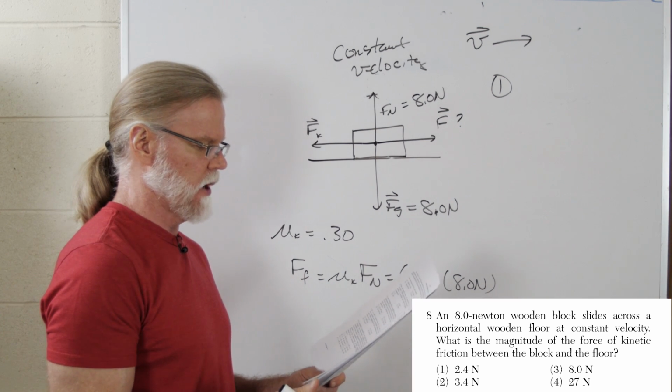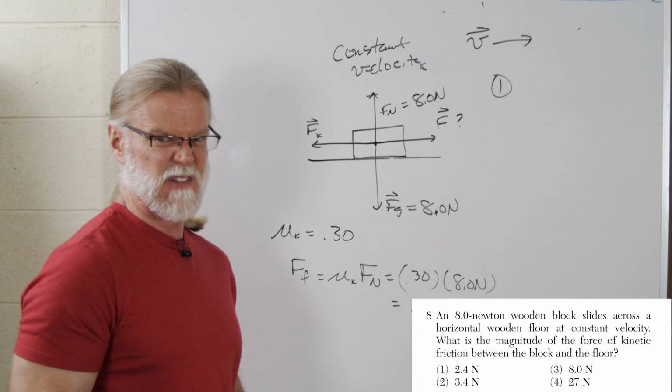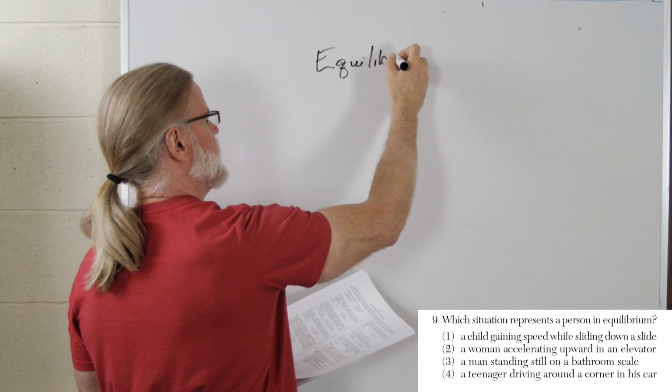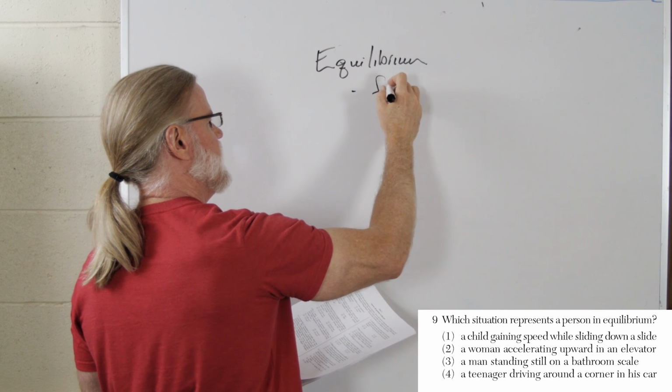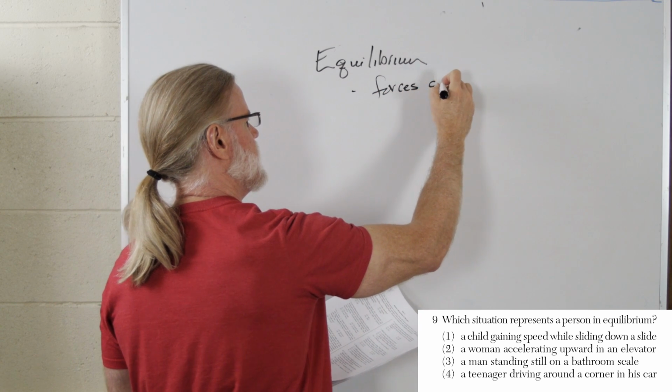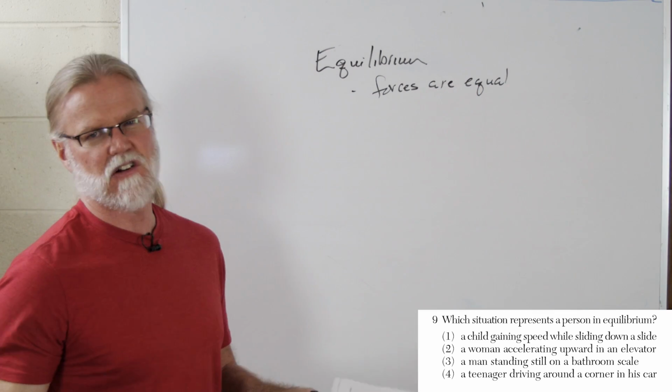Which situation represents a person in equilibrium? I should erase first. Something's equal. So what's equal? Well, the forces are equal. Now, what does that mean? Well, it means the vector sum of the forces.